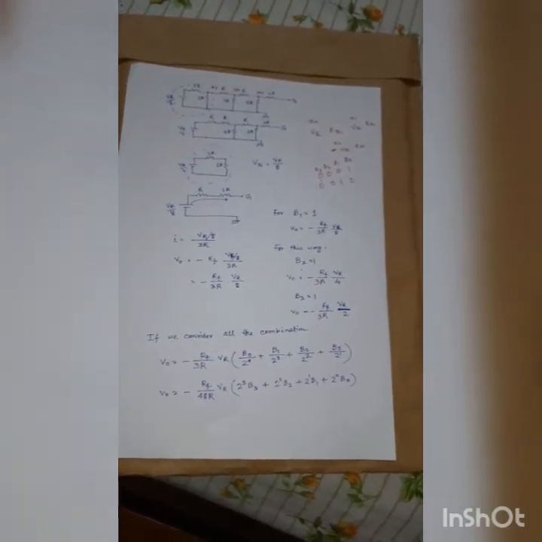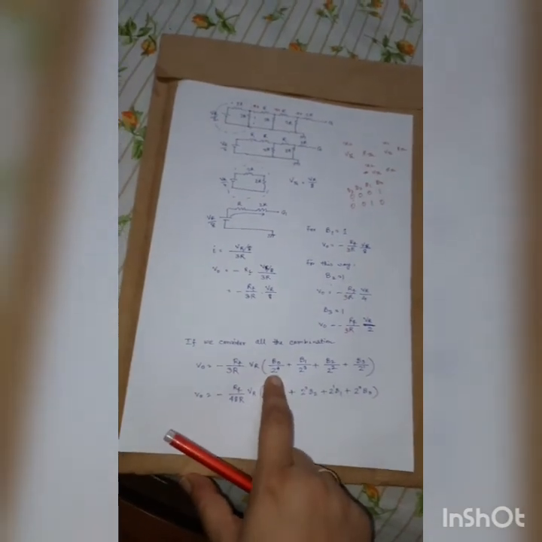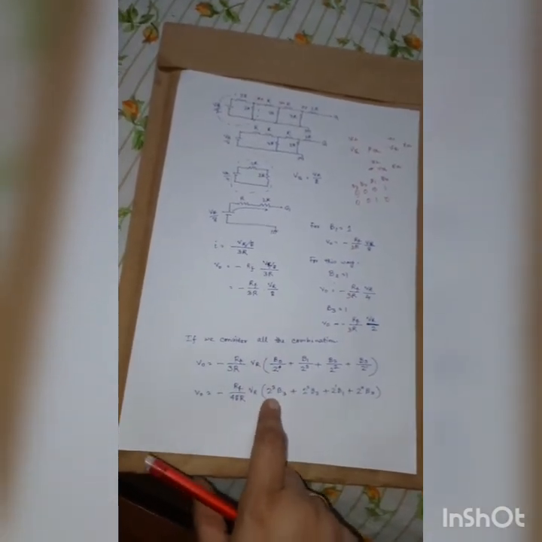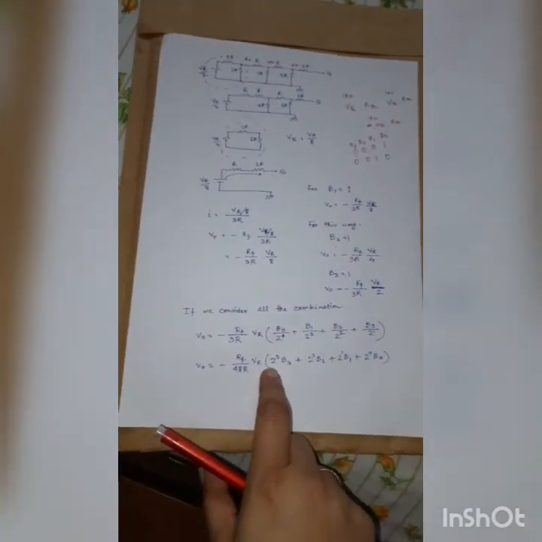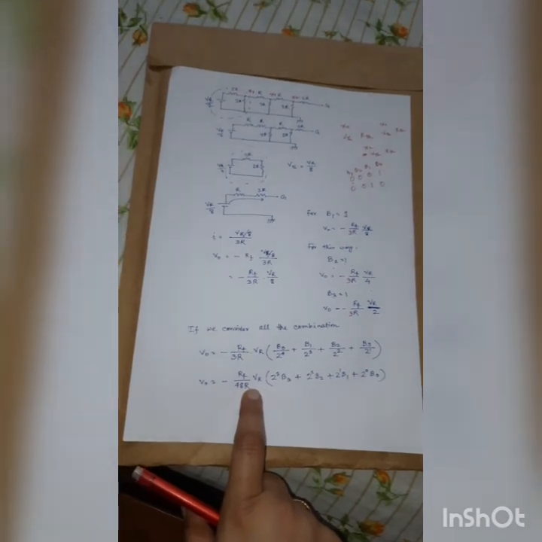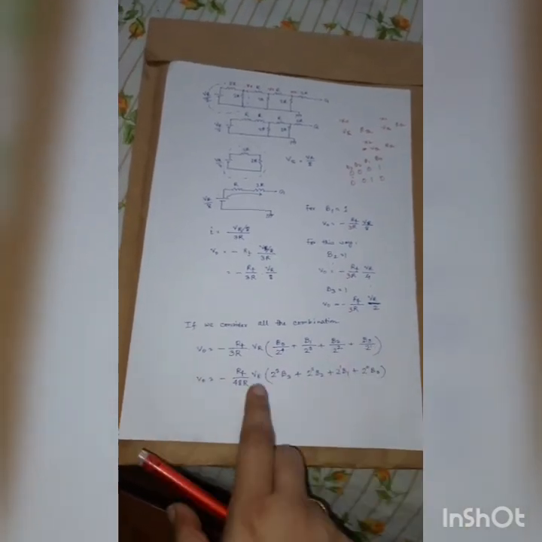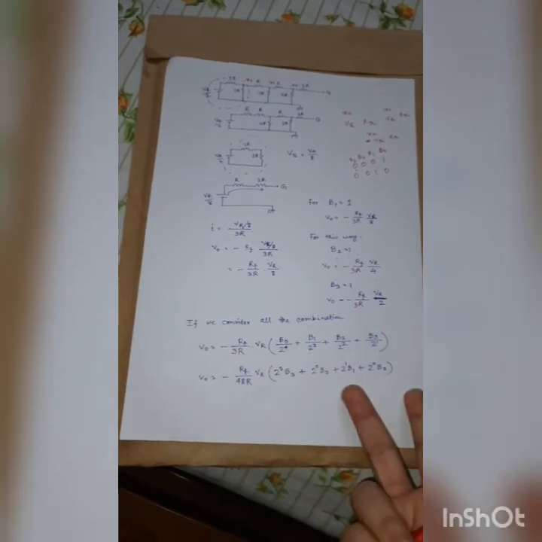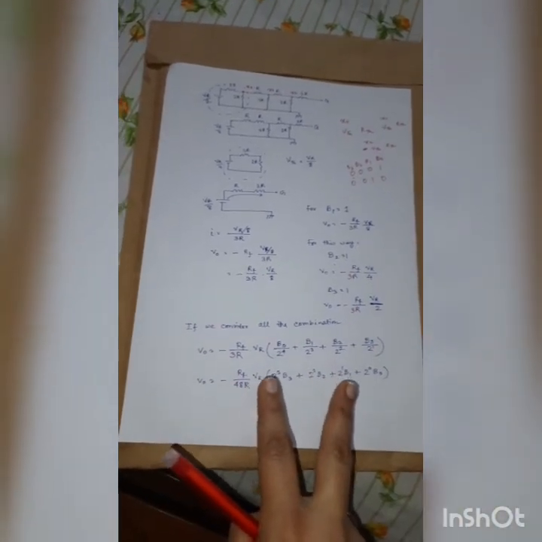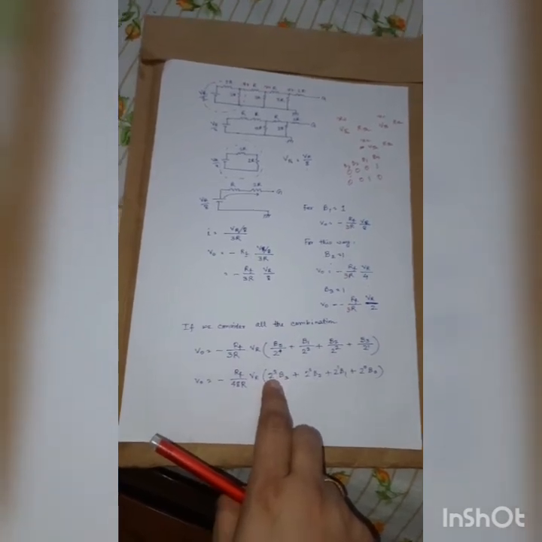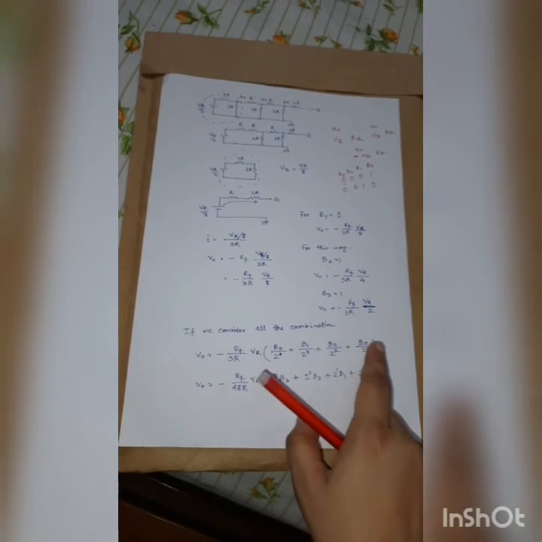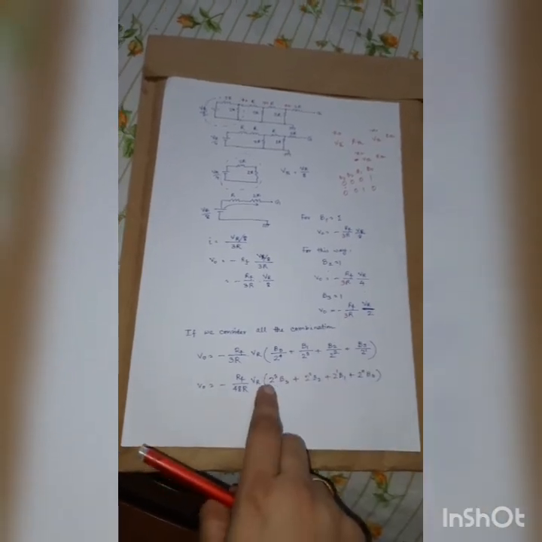Yes, for that we require some extra calculation. We have to take 1 by 16 as common, and we take B3 on the left-hand side, reversing the overall order. So it will be 2 to the power 3 B3, because we are taking 1 by 16 as common. So it will be 8 into B3.